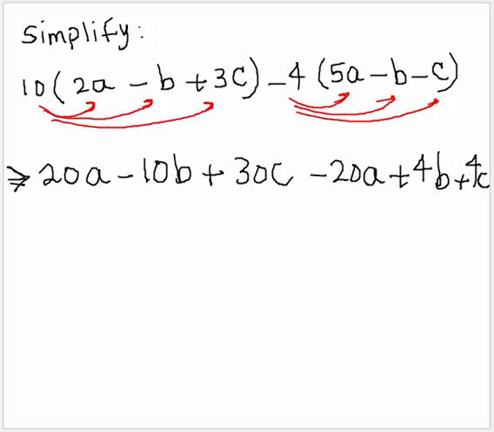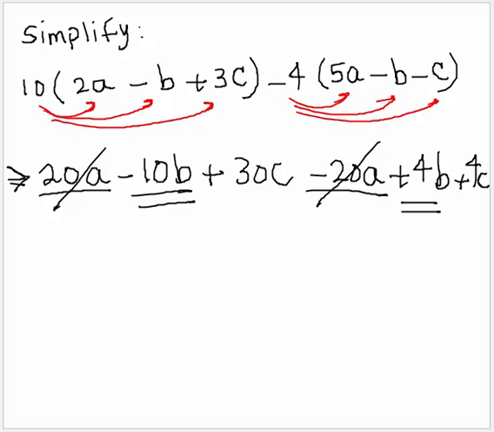So here we're going to combine like terms. We have plus 20, minus 20, that adds up to 0. And then for B, minus 10 plus 4, what would that be equal to? Anyone?